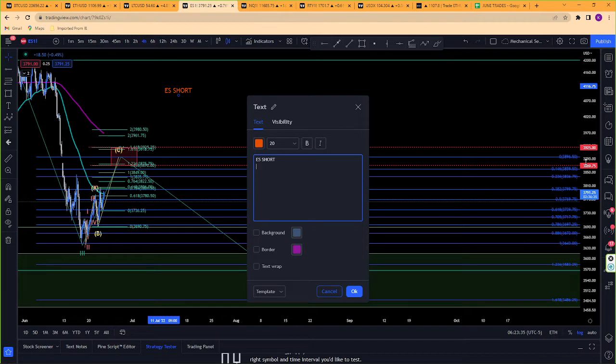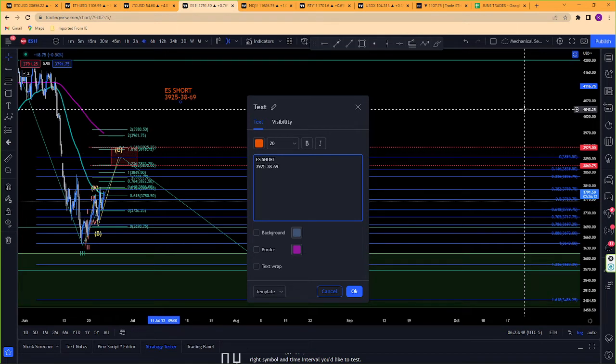ES short, really easy, guys. 39.25 to 38.69, and the stop loss here is going to be probably 39.45. Really simple.